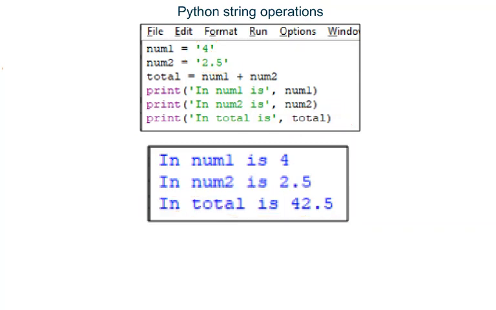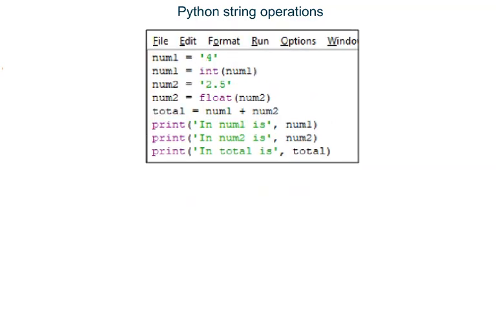If we want to add 4 and 2.5 together instead of concatenating them, then we must change the data type of the two variables. This updated version of the program has 2 extra lines of code. In line 2, we use the int function to change what is stored in variable num1 from a string into an integer.